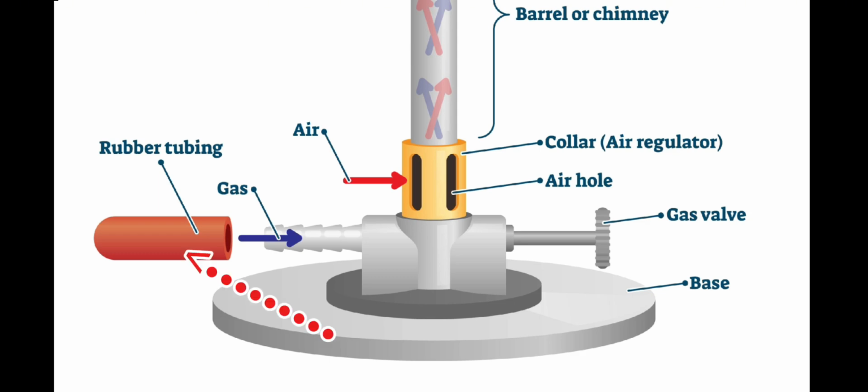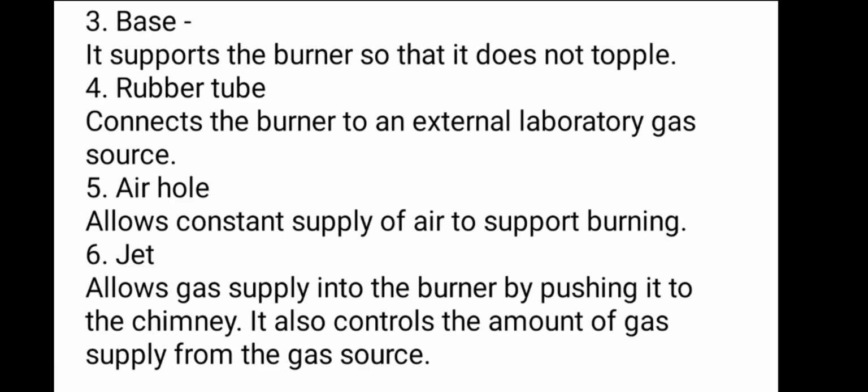It is a tube made of rubber that connects the gas source and the Bunsen burner together. It collects gas from a gas source and channels it to the burner for effective combustion or burning.